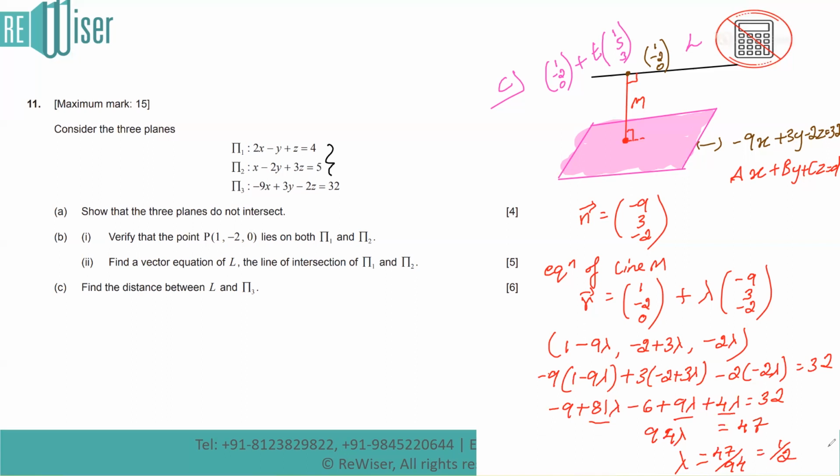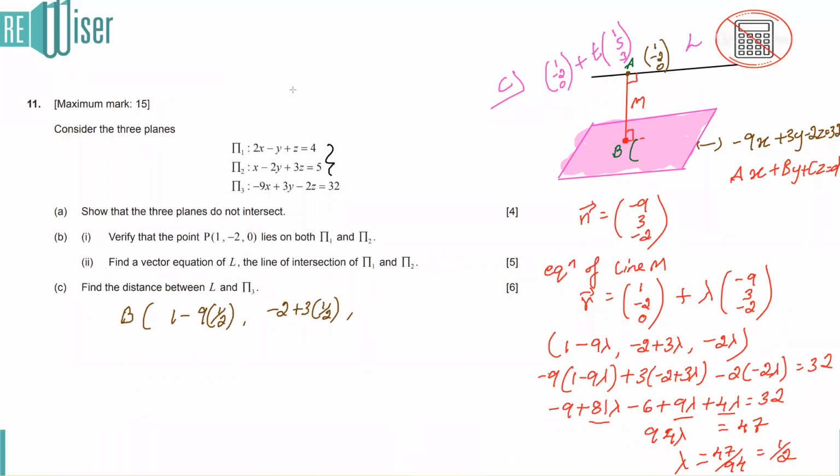Now we know the point which would lie on the plane. If I take this point as point B and the other point as point A, then point B is going to be 1 minus 9 times half, comma, minus 2 plus 3 times half, comma, and the z coordinate would be minus 2 times half.